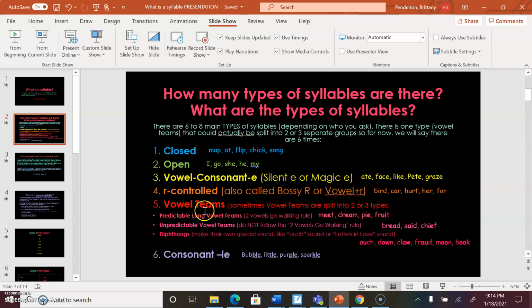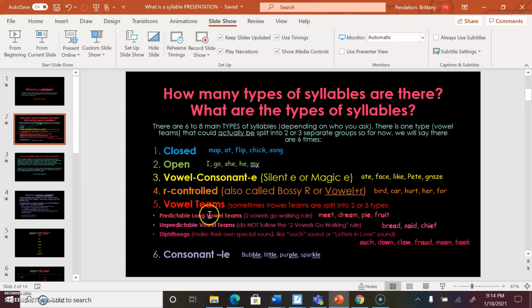There are other types that we will focus more on in our next few videos, like our fourth type, the bossy R, or the R-controlled syllables, and vowel teams, which can be predictable long vowel teams, unpredictable vowel teams, or diphthongs. And last, we will focus on consonant LE syllables, which are only found in words that have more than one syllable.